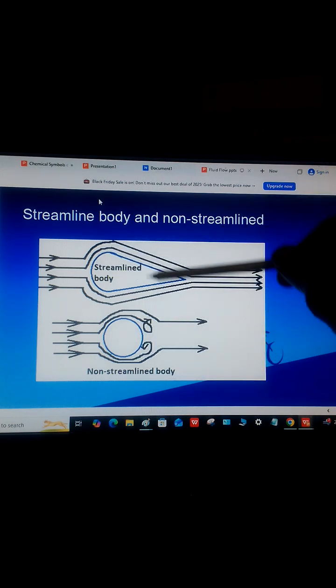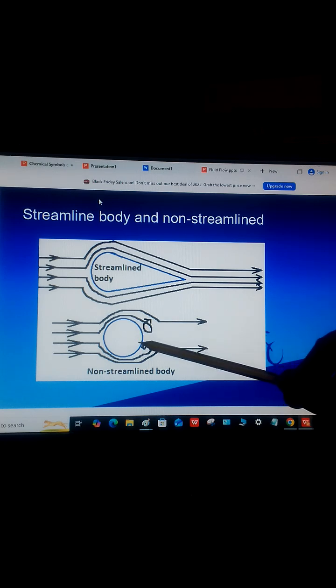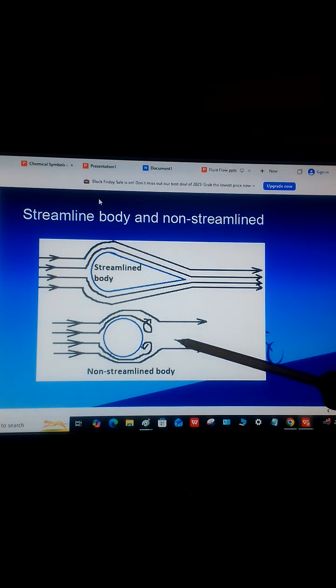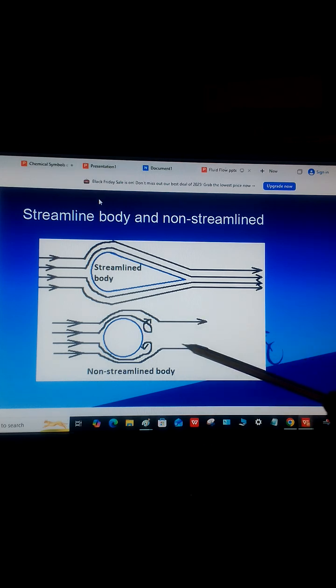But this one here is streamlined, so it does not cause eddies or turbulence. A body is said to be non-streamlined if it causes eddies behind it. We have just seen that. A body is said to be non-streamlined, like this one here, if it causes eddies behind it. So this one causes eddies or turbulence behind it, so it is non-streamlined.